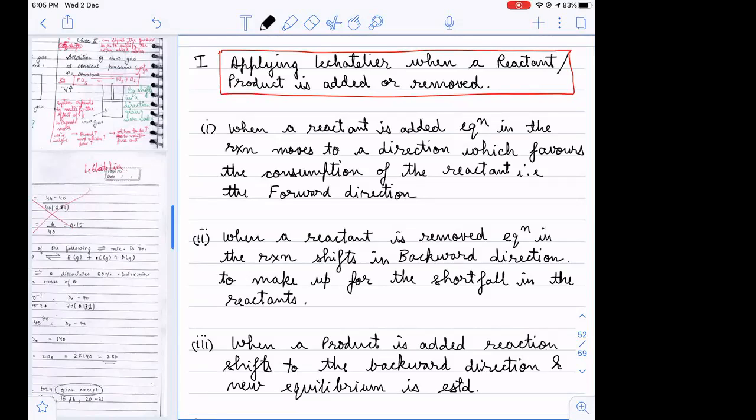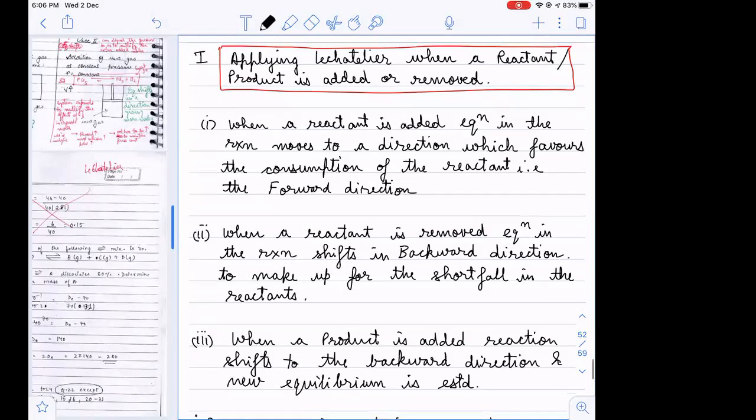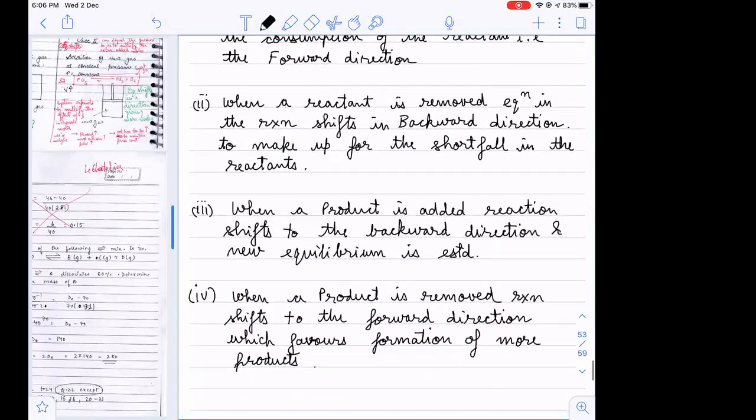So the explanation seems self-explanatory. Let's move to the third and then the fourth. Please read the third. They all are very similar. When a product is added, the reaction shifts to the backward direction and a new equilibrium is established. It is also one and the same thing, only written in different words.